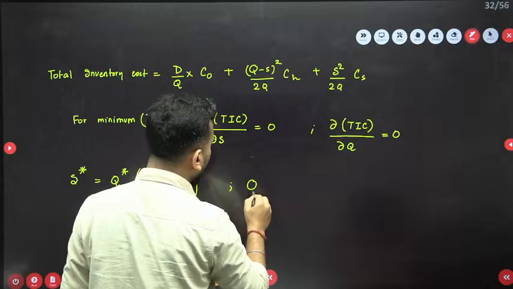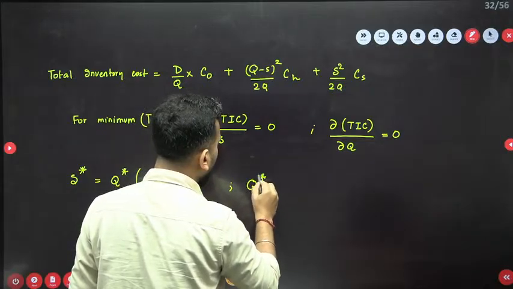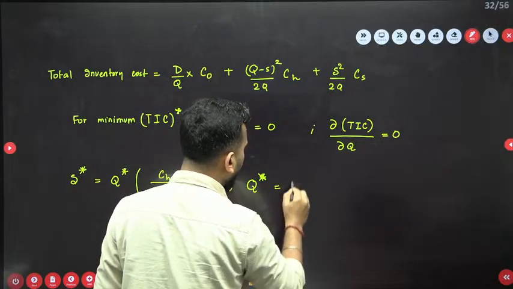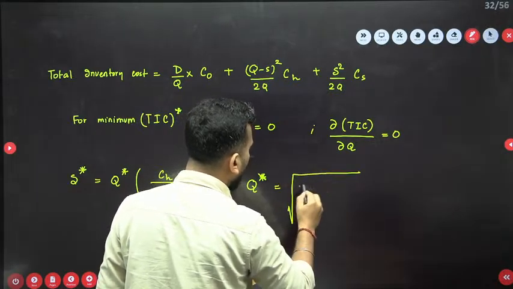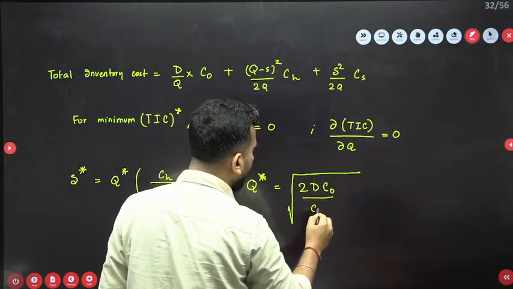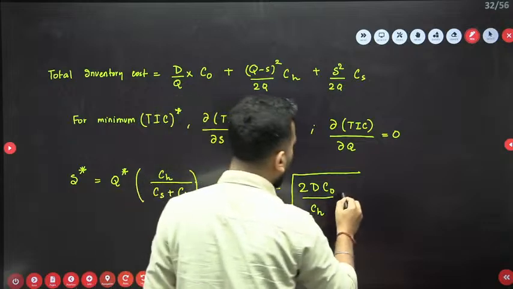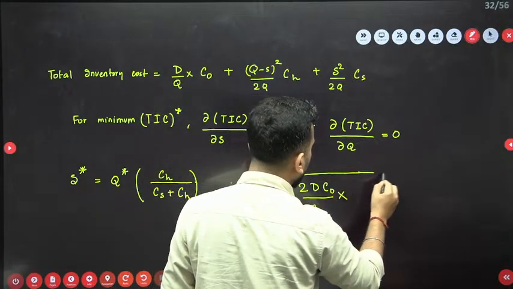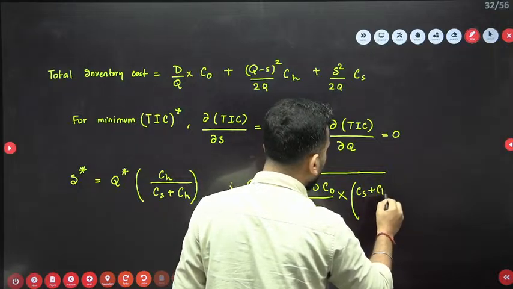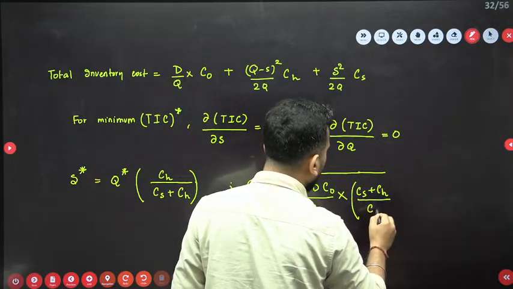And what will be Q star? Q star will be root over 2D C naught by CH into CS plus CH by CS.